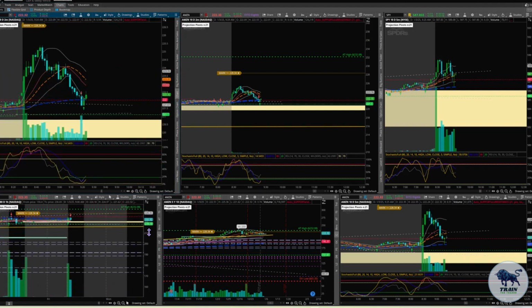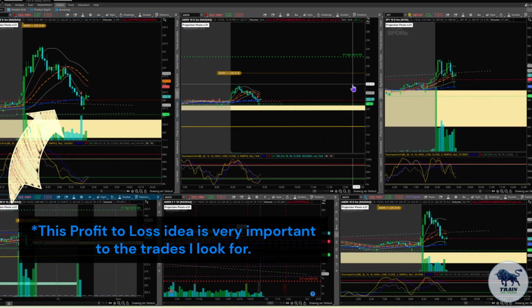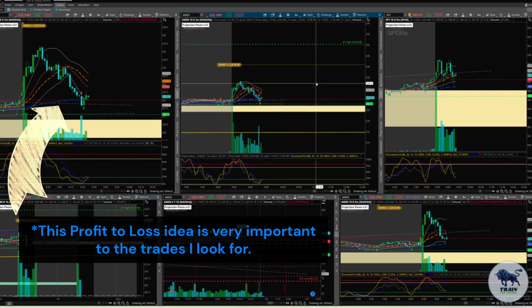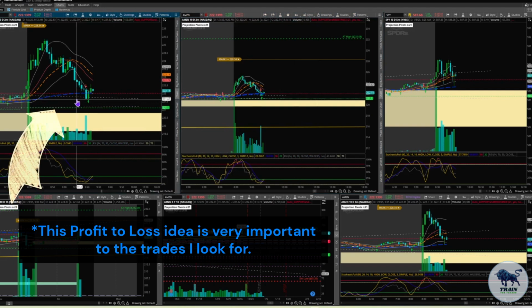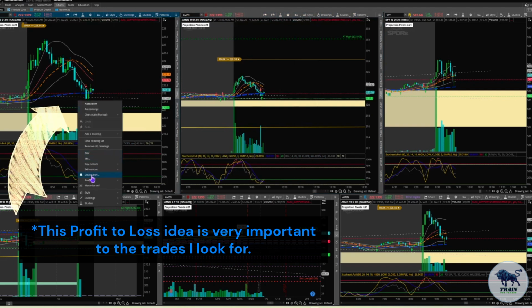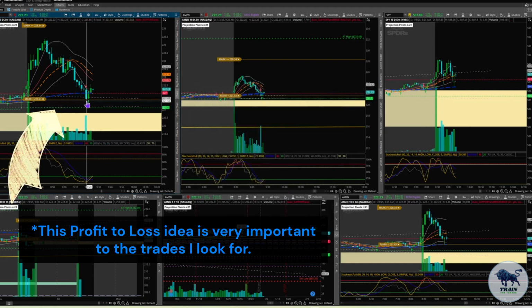So I am currently in this Amazon. And here's why I love these positions. If Amazon gets weak, here's my stop loss. It's already been printed right here. So I'm not fooling around with this at all.